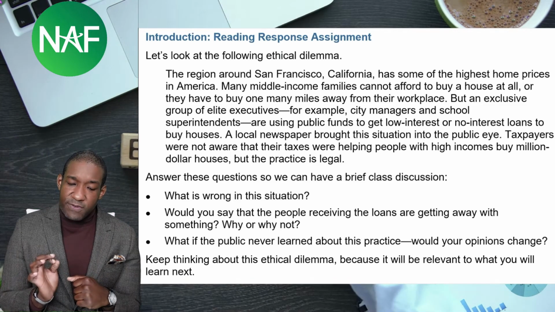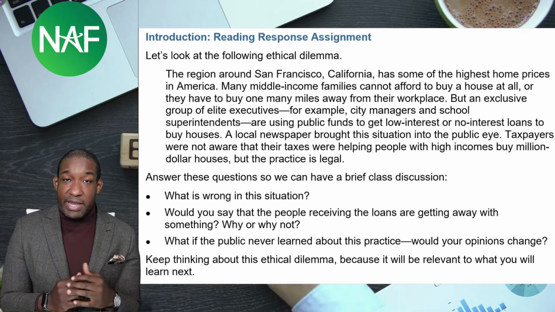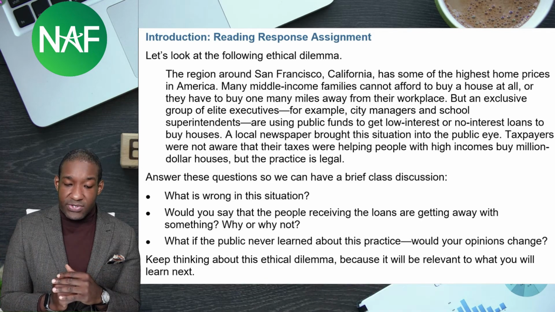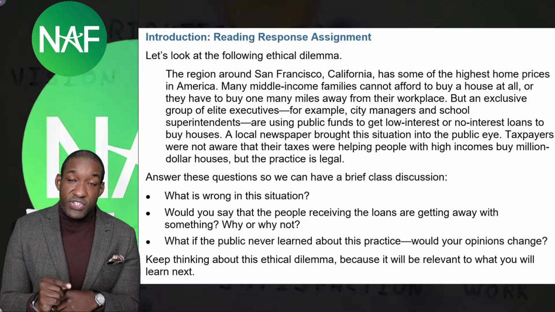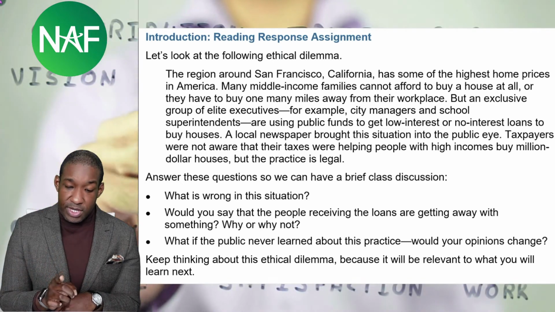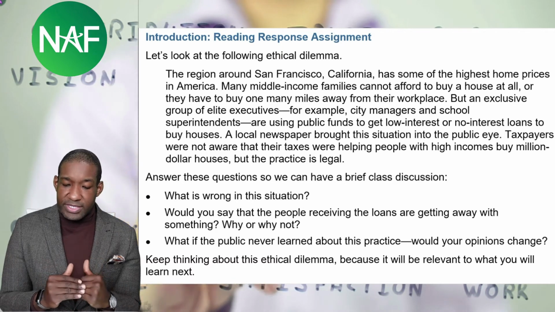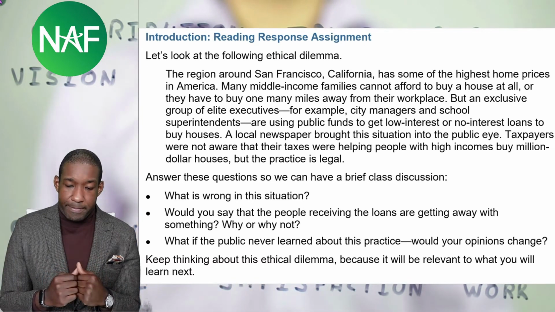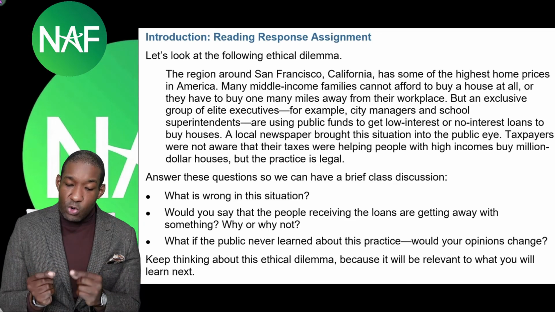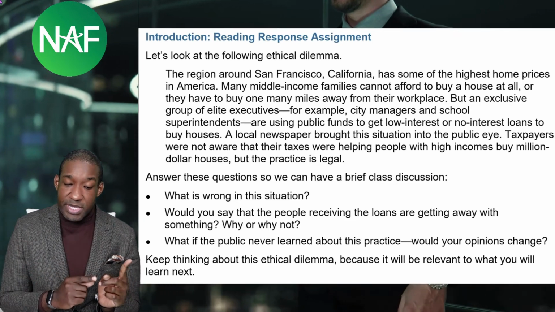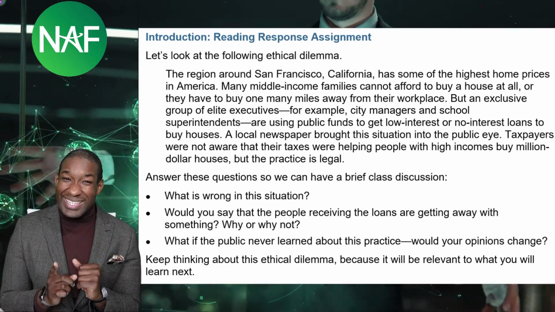But an exclusive group of elite executives, for example, city managers and school superintendents, are using public funds to get low interest or no interest loans to buy houses. A local newspaper brought this situation into the public eye. Taxpayers were not aware that their taxes were helping people with high incomes buy million-dollar houses, but the practice is legal.